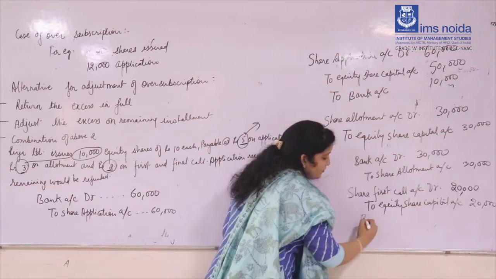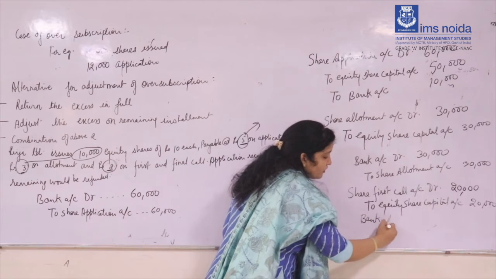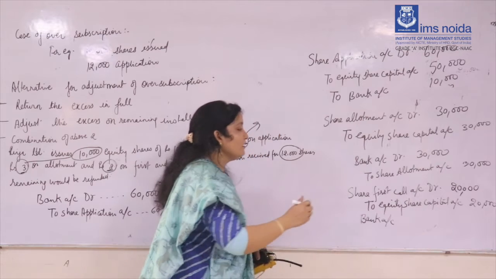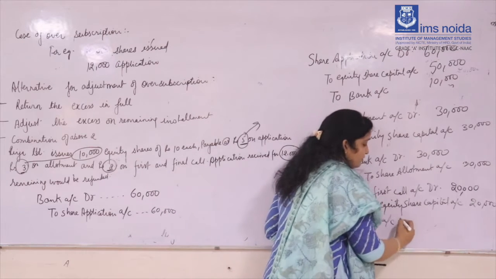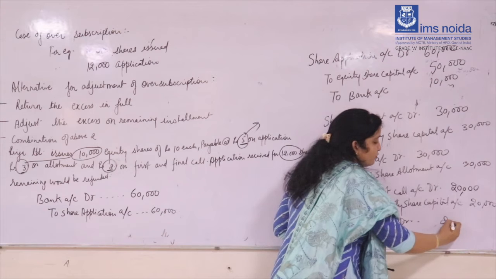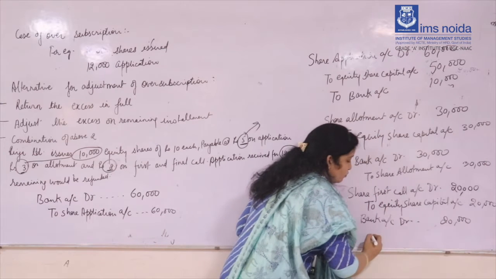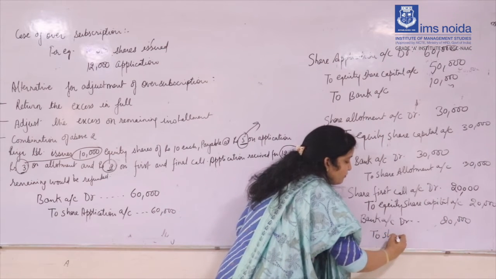The next entry will again be bank account because this money will come into the bank. So bank debit 20,000 to share first call account, again 20,000.